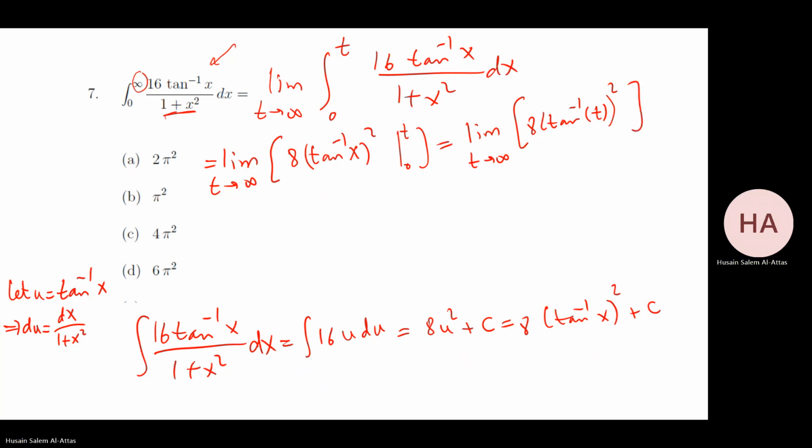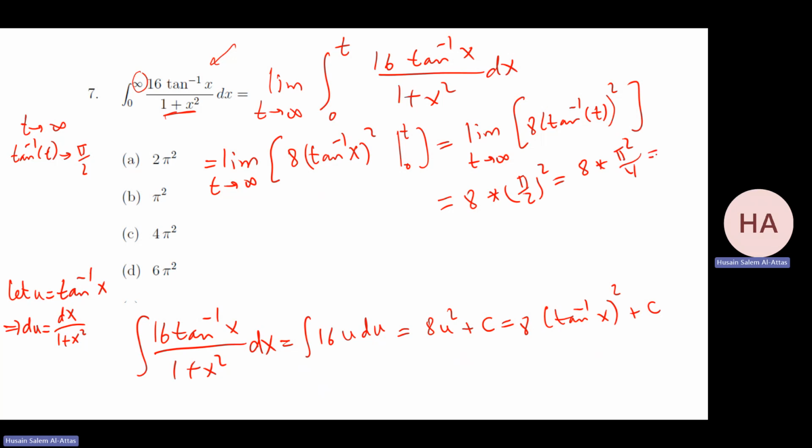That's it. So note, if t goes to infinity, be careful here. Tan inverse of t will go to pi over 2. So that gives me 8 times (pi over 2) squared. That will be 8 times pi squared over 4. That will be 2 pi squared. And that's the answer.